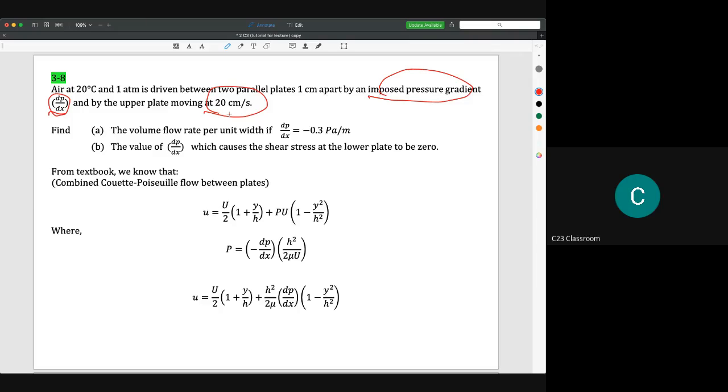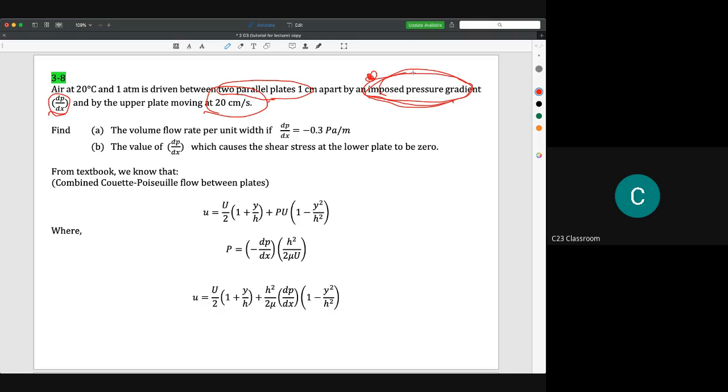Here, I'm not showing you the notes, because I've simplified from the textbook. The trick for this question is that they give you two parallel plates, which means the motion is Couette flow, but it gives you another condition, an imposed pressure gradient.